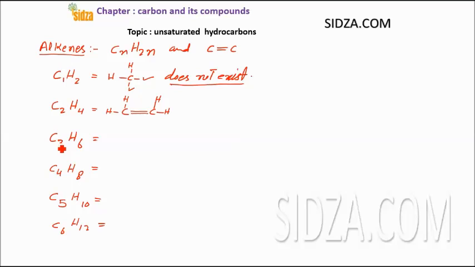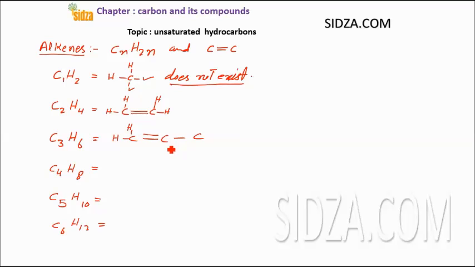Now let's try to draw the structure of the C3H6 molecule. This is a 3 carbon compound, carbons 1, 2 and 3, and since it's a member of the alkene family, there should be a double bond. Let's say we have a double bond over here. Now, this carbon has 2 valencies complete, so it needs 2 more hydrogen atoms, so I'm going to add 2 hydrogen atoms here.